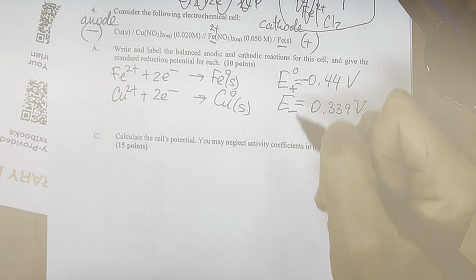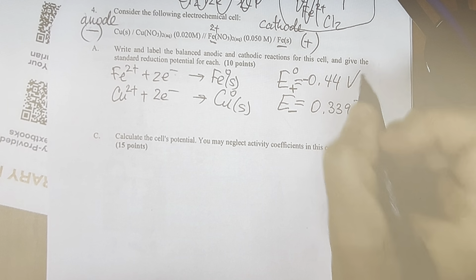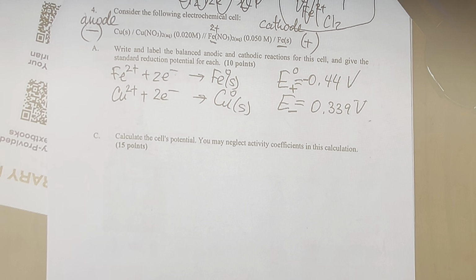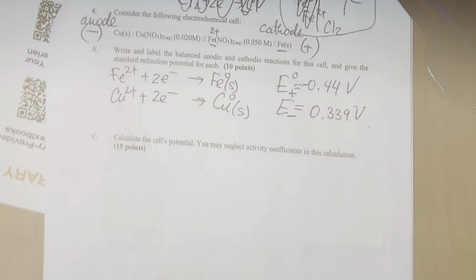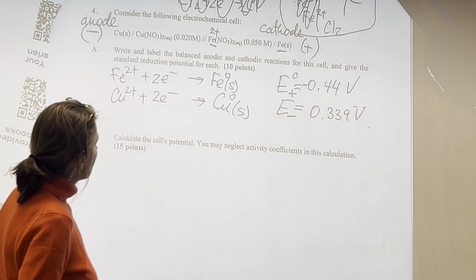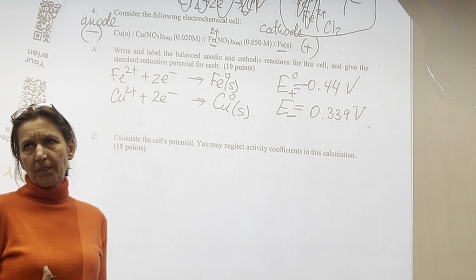Okay, cool. Now, it doesn't ask to write the cell reaction. Does it say for the cell? Okay, that's the only thing it asks to do. So that's what you do. But if I ask you about the cell process, what would you do?